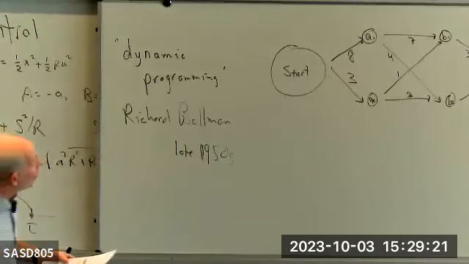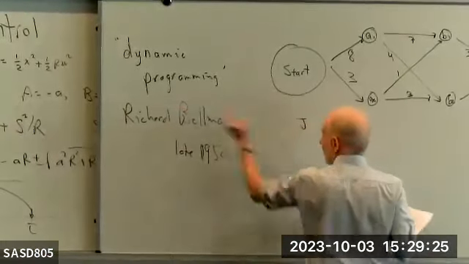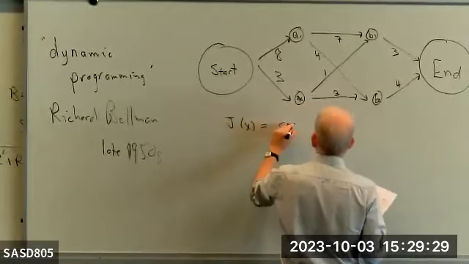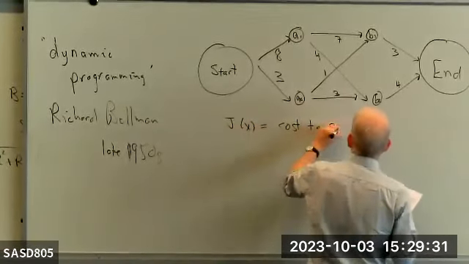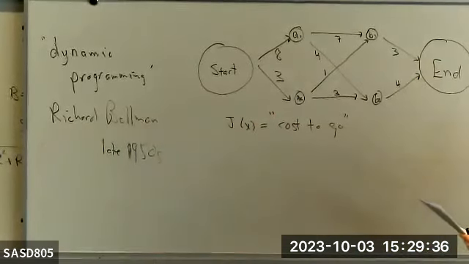Okay, so let's call a function J, which will turn out to be J of x, the cost to go. It's called the cost to go function. It means the cost to go to the end.